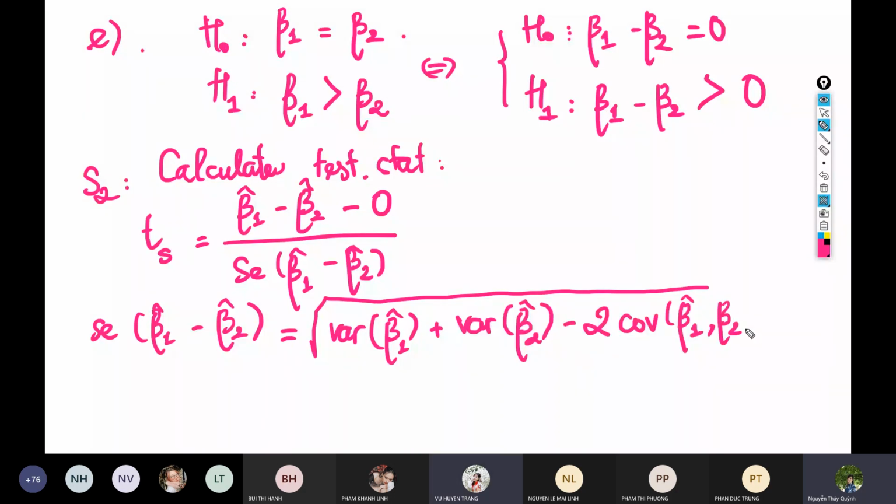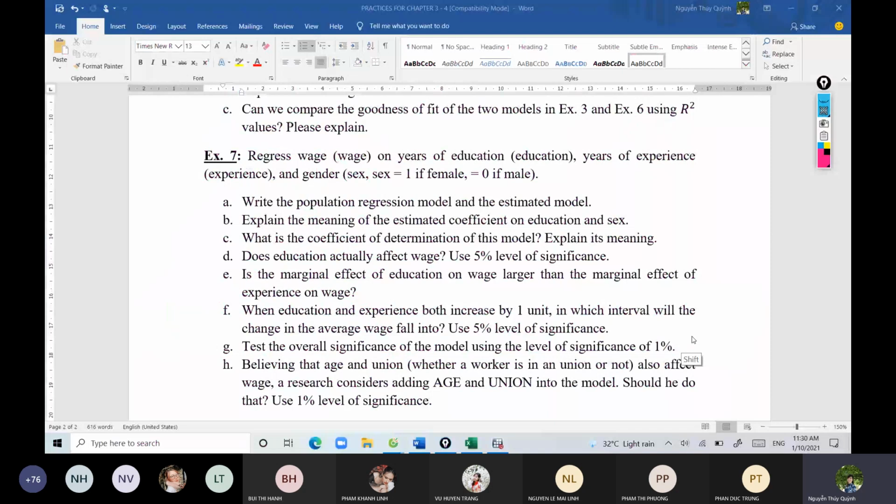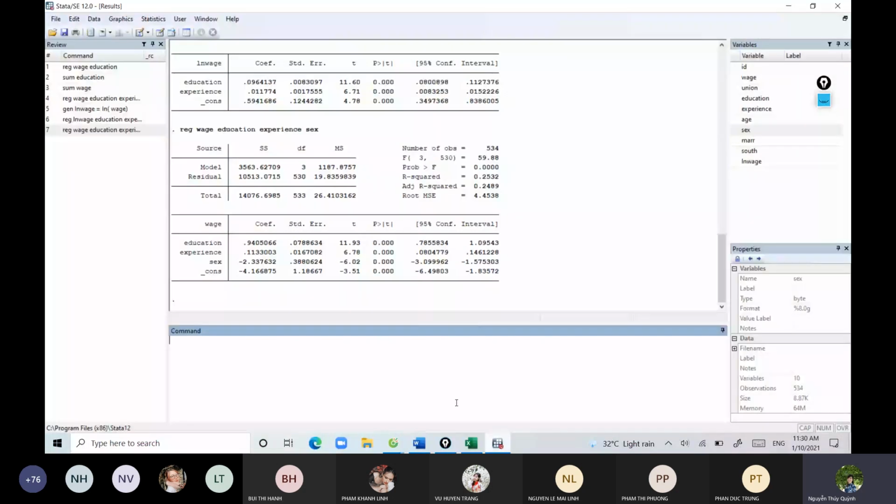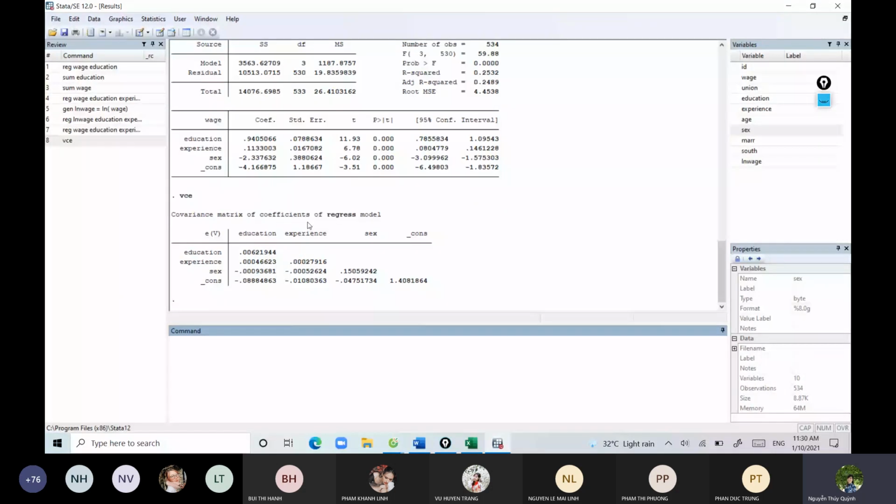Do not forget the hat here. So now we have to find the covariance between beta 1 hat and beta 2 hat. We will go to Stata and use the command vce, and we will get the covariance matrix of the beta hats.